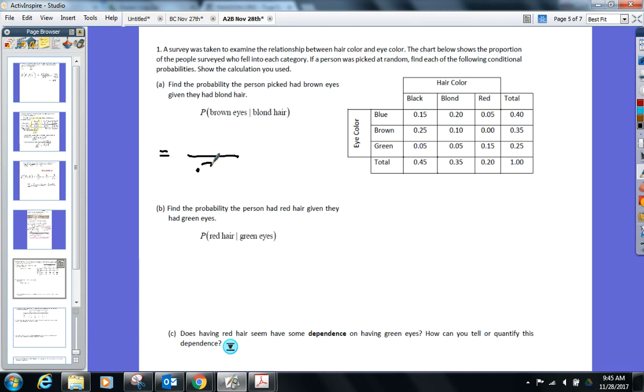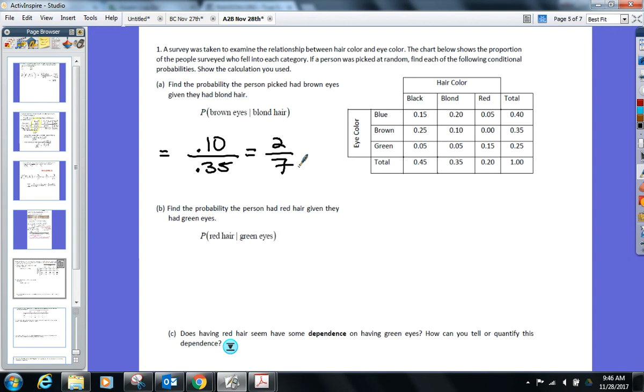So your denominator should be 0.35 because I'm only looking at the people who have blonde hair. Out of all those people that have blonde hair, what's the probability you have brown eyes? 0.10, yep. And I don't like decimals in the fraction, so let's clean that up a little bit. You can give me a percent, remember, or you can leave it in fraction form, 2 out of 7. Everyone all right? Okay, take another minute right now.